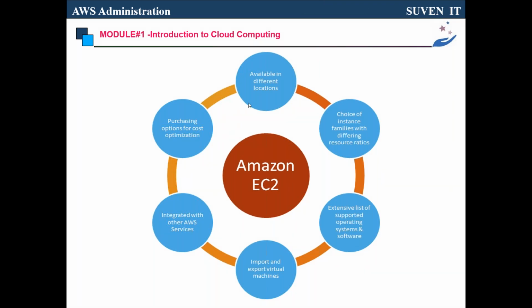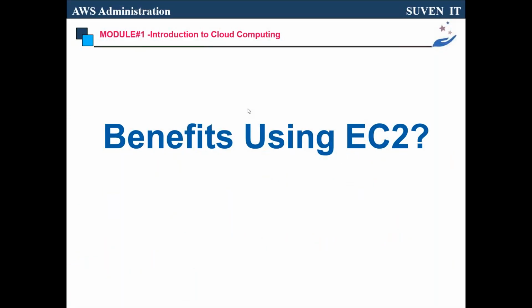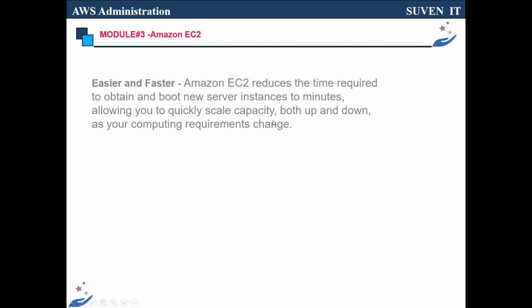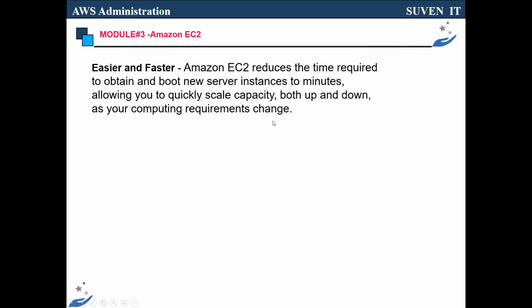What is EC2, and why do we go for EC2? Let's look at the benefits of EC2. Pay-per-use is one of the benefits, and it is easier and faster to create. I will show you templates, which let us create servers within a minute.